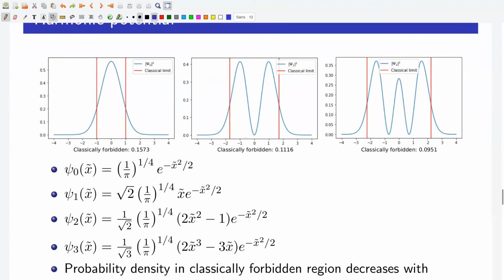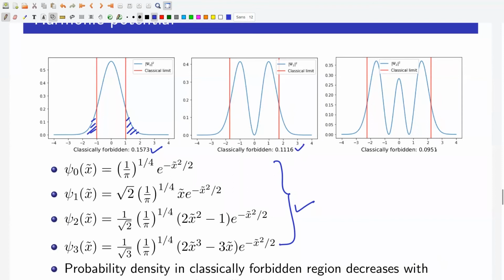Some of the wave functions are listed here. In case of ground state, area under the curve in the classically forbidden region is 0.1573. This is equal to the area marked here. Similarly, the area under the curve in the classically forbidden region for the first excited state is 0.1116.